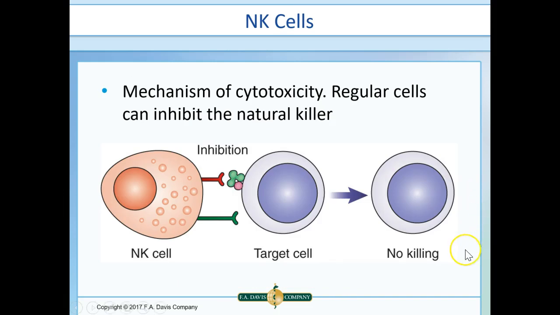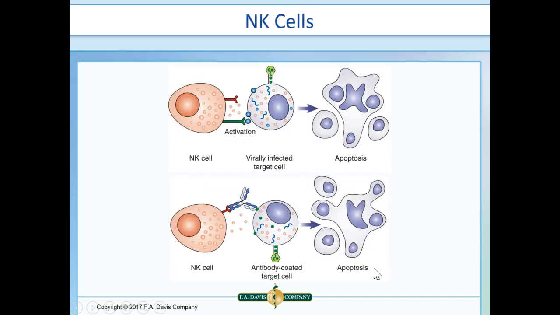So here's the mechanism of cytotoxicity. Regular cells can inhibit the natural killer as well. So if a natural killer comes along and sees a target cell and it recognizes it as being a normal cell, it doesn't kill it, right? Because you don't want your cells to kill your own. Now, if it is a virally infected target cell, you can see the little virus here, it will destroy it, and the process of apoptosis will happen.